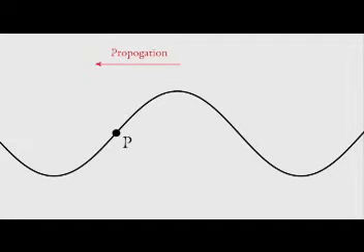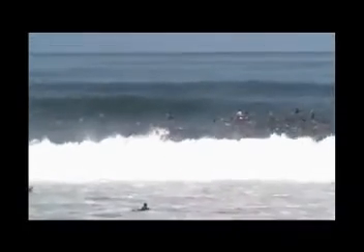But how do we know whether it's up or whether it's down? Here's a way to visualize it so that you'll always get this question right. Look at the surfers that are waiting for the waves. When they're on the front of the wave, they're moving up. And when they're on the back of the wave, they're moving down.